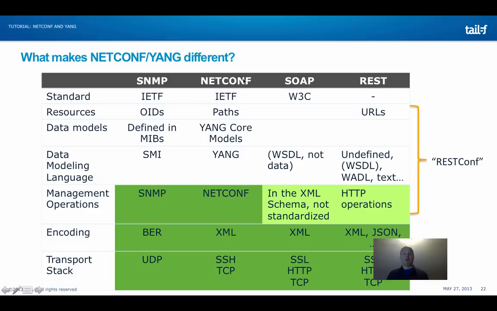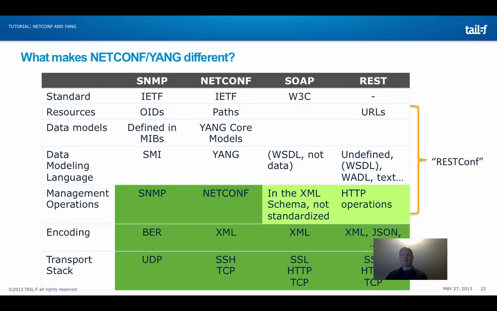Let's start by putting Netconf parallel to SNMP then. Same standard organization, and it's sort of an evolution where IETF realized we need something that can do configuration management, not only monitoring. In Netconf, you identify resources with paths that can be read and understood.